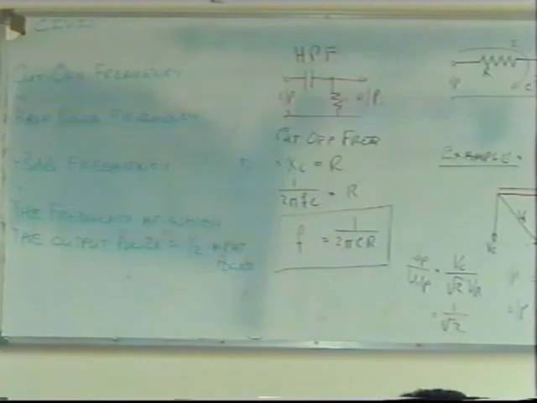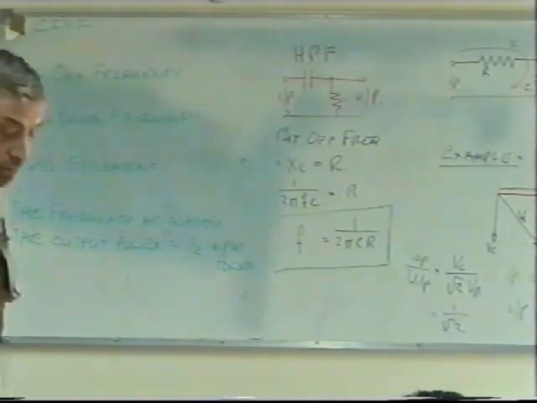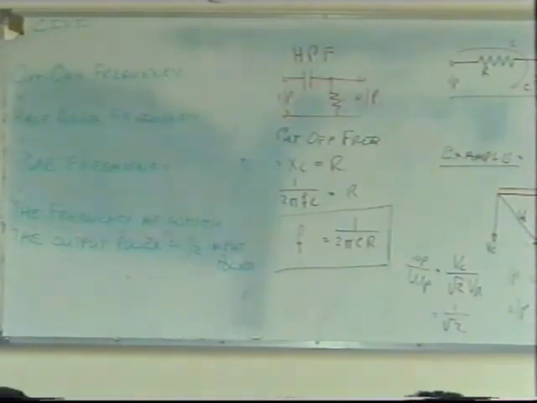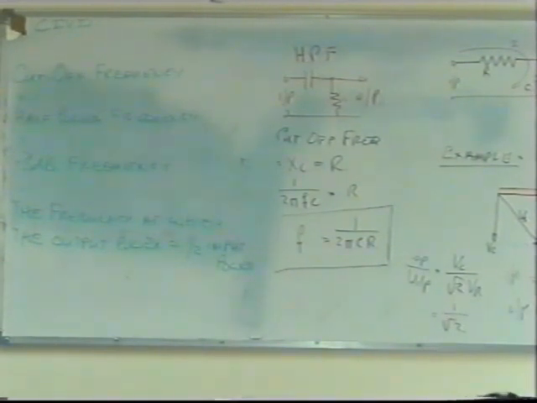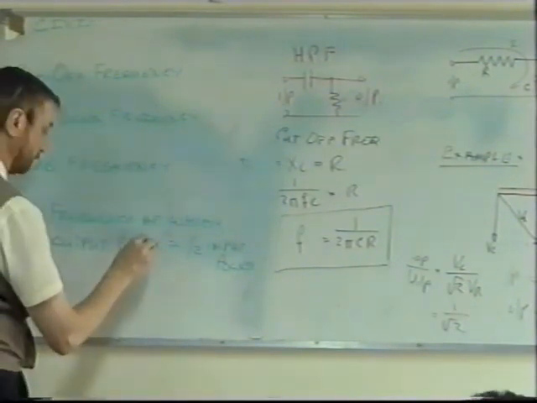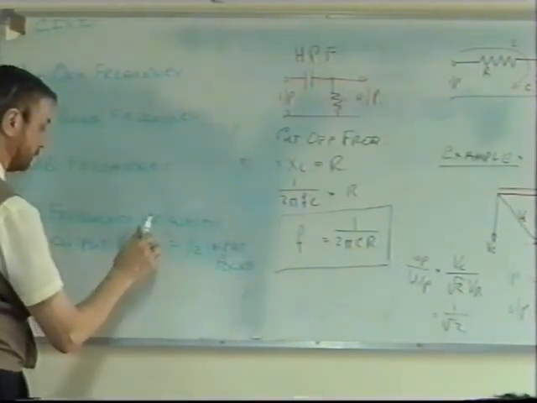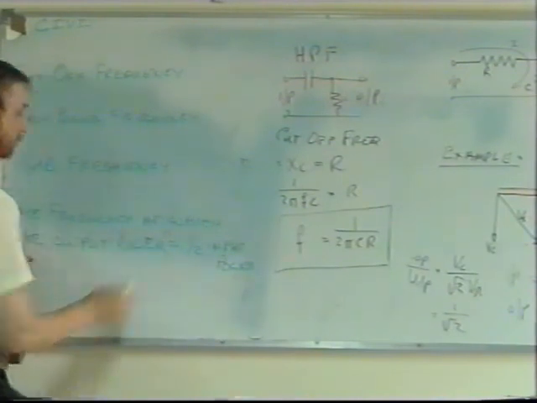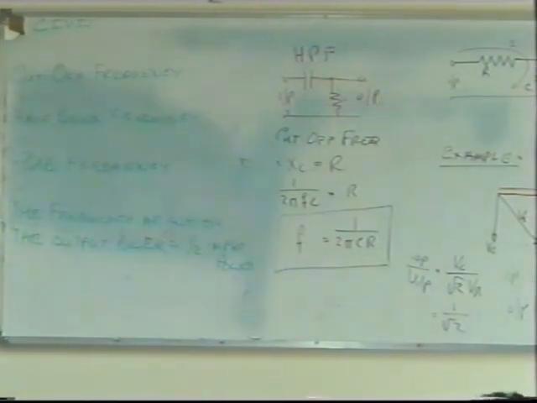It doesn't matter what type of filter actually, and as we'll see later, even in tuned circuits we can talk about half power frequencies. It is the frequency at which the output power equals half the input power.